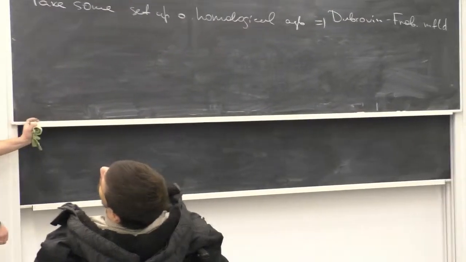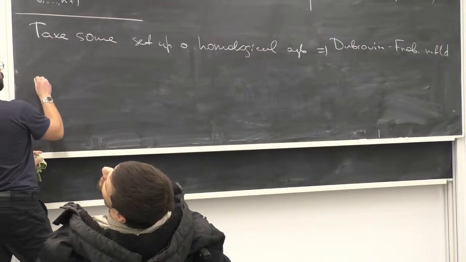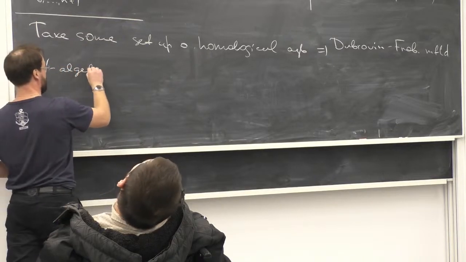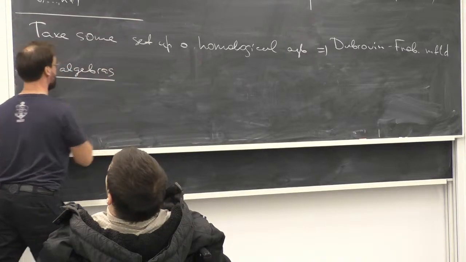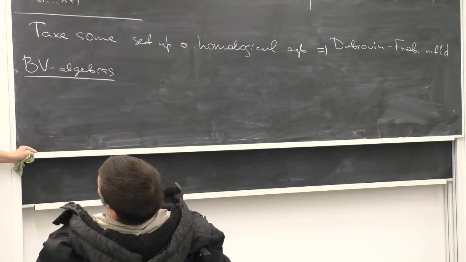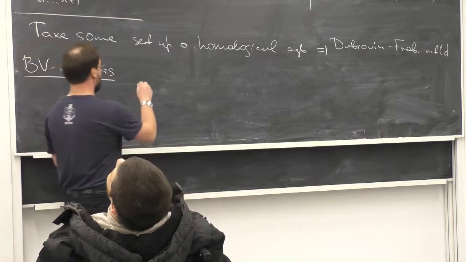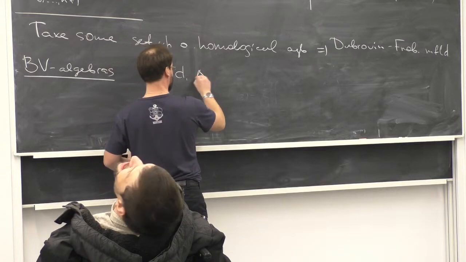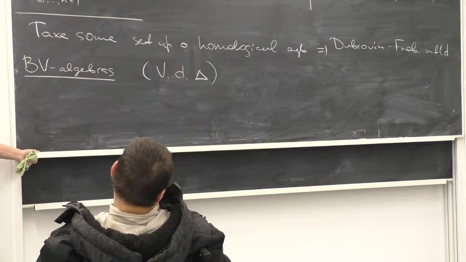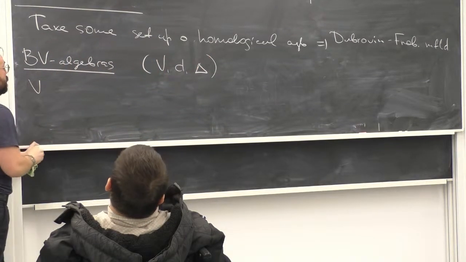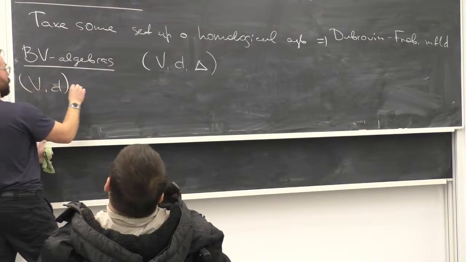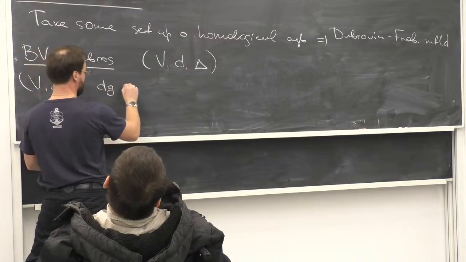So our homological algebra setup will be about BV algebras. These are due to Batalin and Vilkovisky, at least by name. This is the following set of data: V, D, delta, where V is a DG algebra.